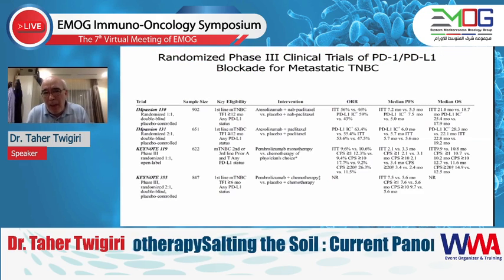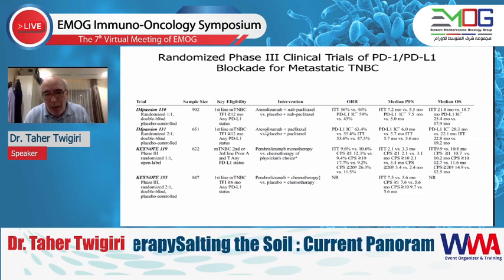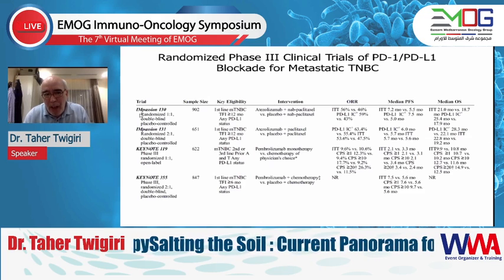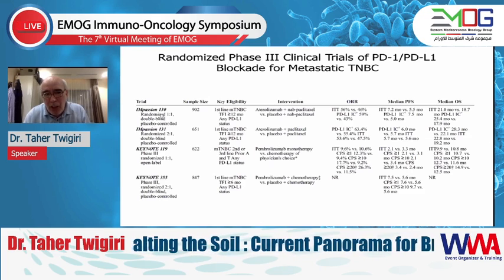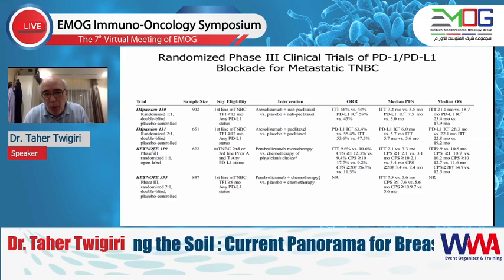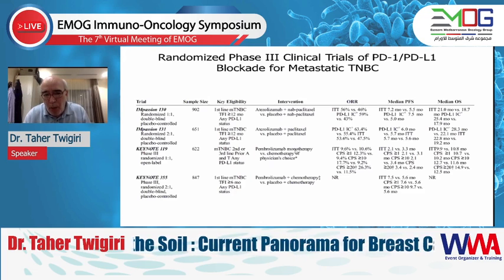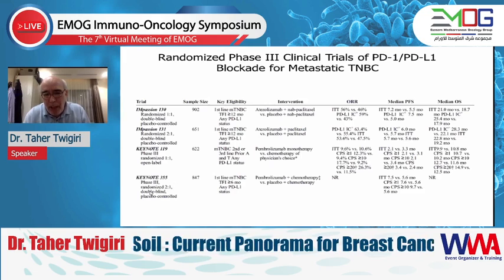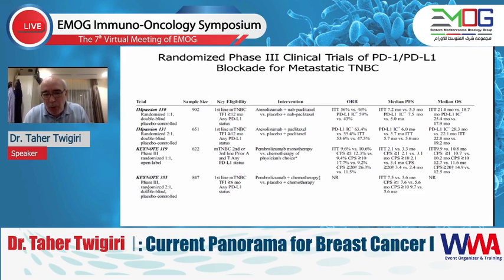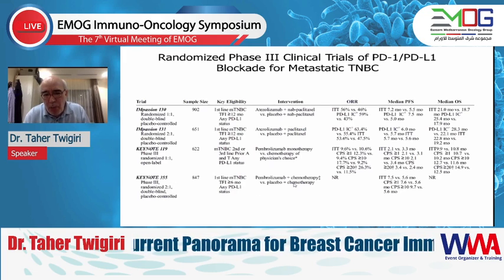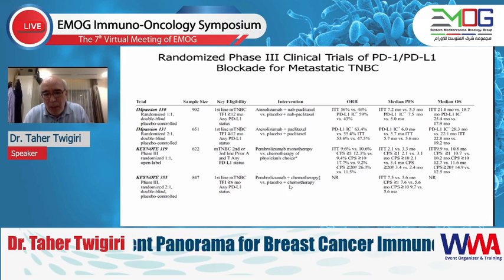Now, let's look at the randomized clinical trials, and I will go very fast about that. We have IMpassion 130 and IMpassion 131. Keynote 119, I am not going to talk about because it is monotherapy. And then I will tell you about Keynote 355, which is pembro plus chemo, placebo versus chemo.